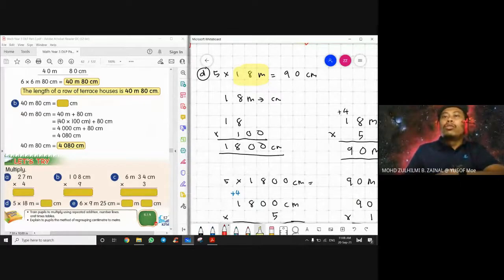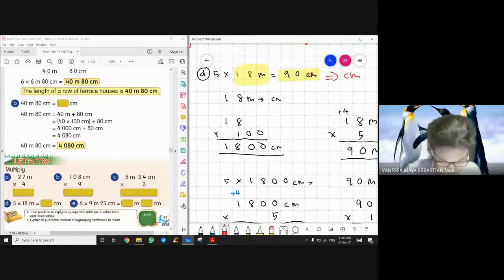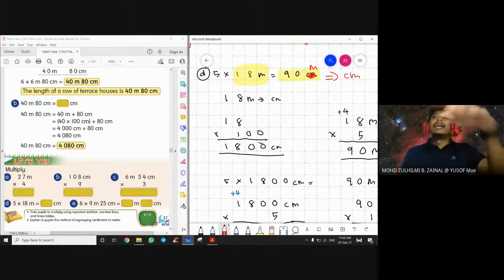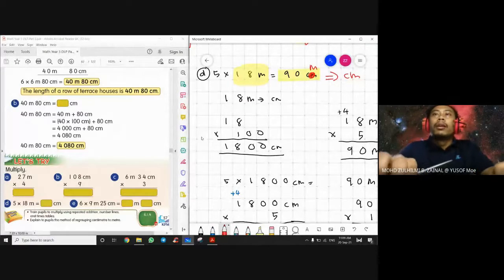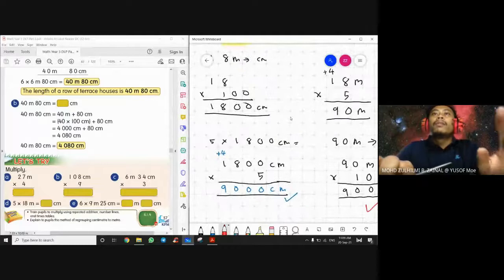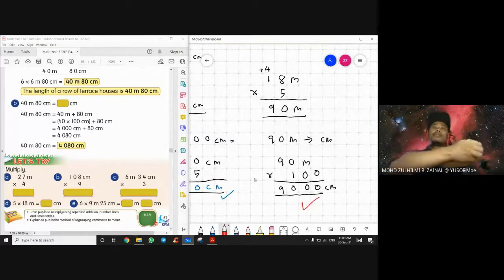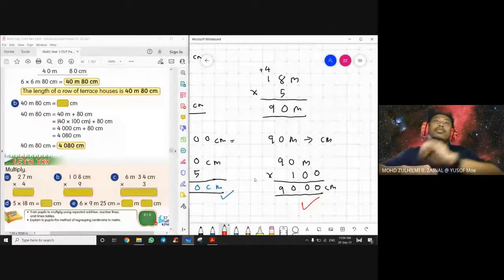So you have to change it into centimeters. Yang ni tadi meter yang Vanessa dapat tadi. So 90 meters you change into centimeters, you will get 9,000. If you change first, you will get answer 9,000. If you change later pun boleh 9,000 juga. Tapi still you have to change the unit.